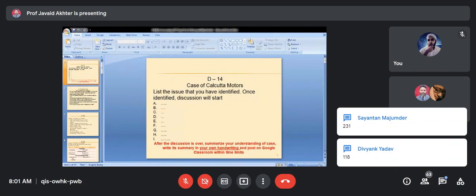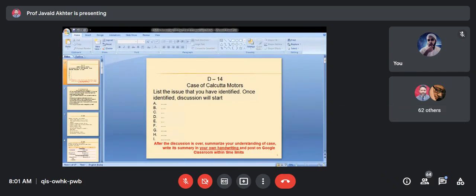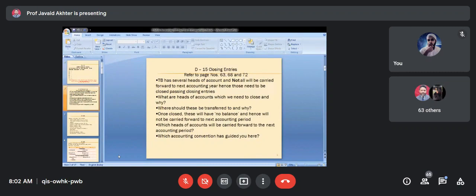Today is day 14, and I had noted what we were supposed to do in Calcutta Motors, but I will be going ahead with what was for the next day.